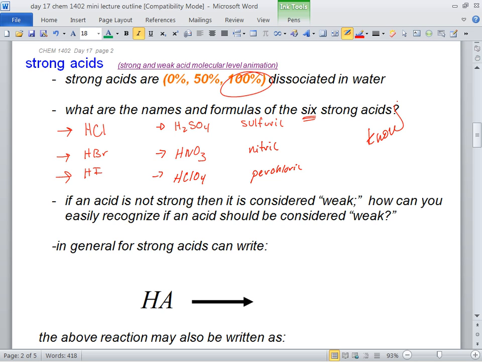If an acid is not strong, then we're supposed to call it weak, right? How can we easily recognize if an acid should be considered weak? First off, let me ask you this. Just in the world, would you think there's more strong acids or weak acids? Weak, right? Because an acid is anything with an H out front. So there's going to be a lot of weak acids. How can you tell the difference?